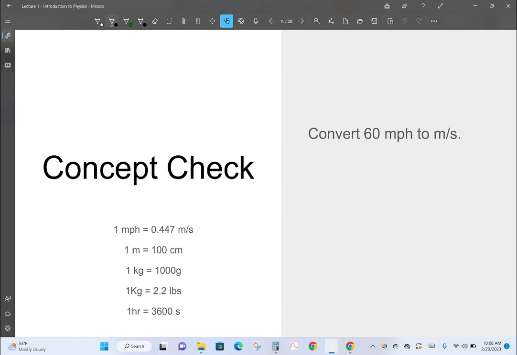So let's do an example where we convert 60 meters per second to miles per hour. We're going to start with 60 meters per second over 1, and we're going to find the conversion for that.